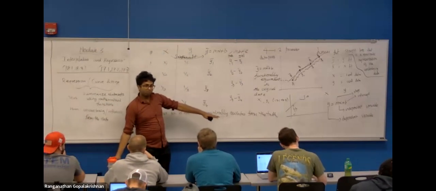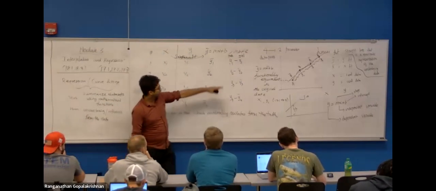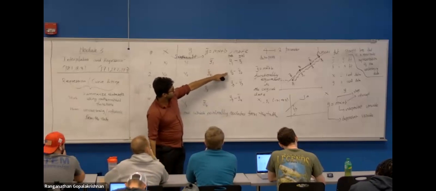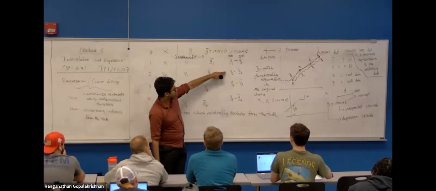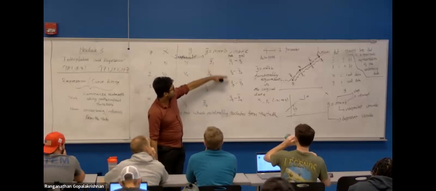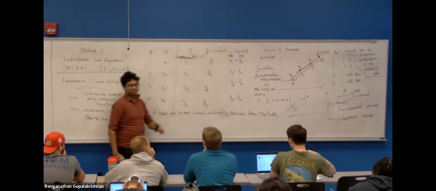Now, which is the truth? Should we just look at y1 only, y2 only, 3 only, 4 only, or a combination of 1 and 2, 1, 2, 3, or should it be all of them?